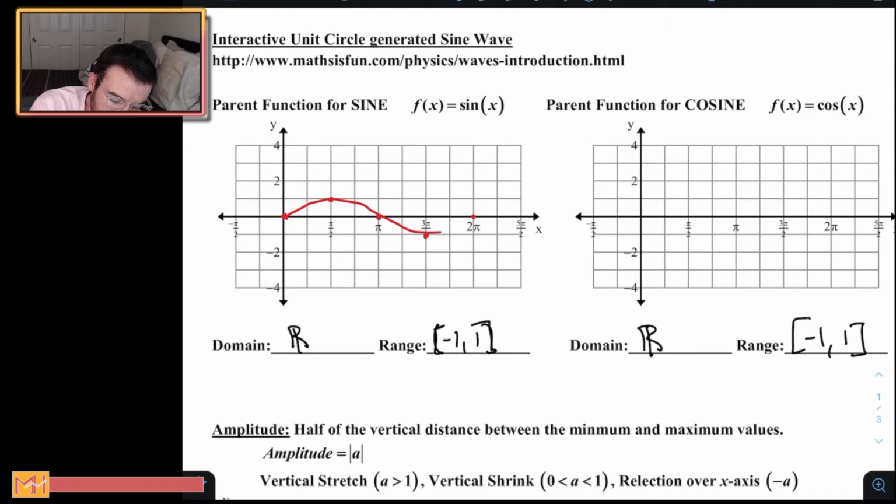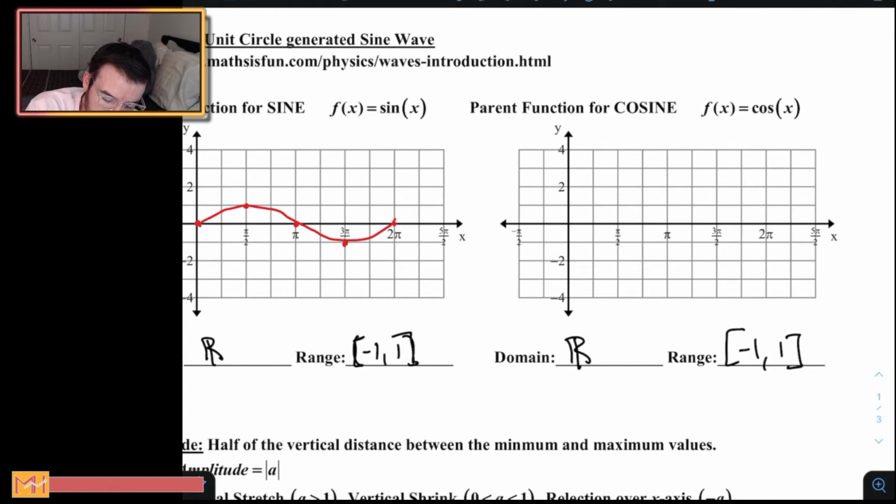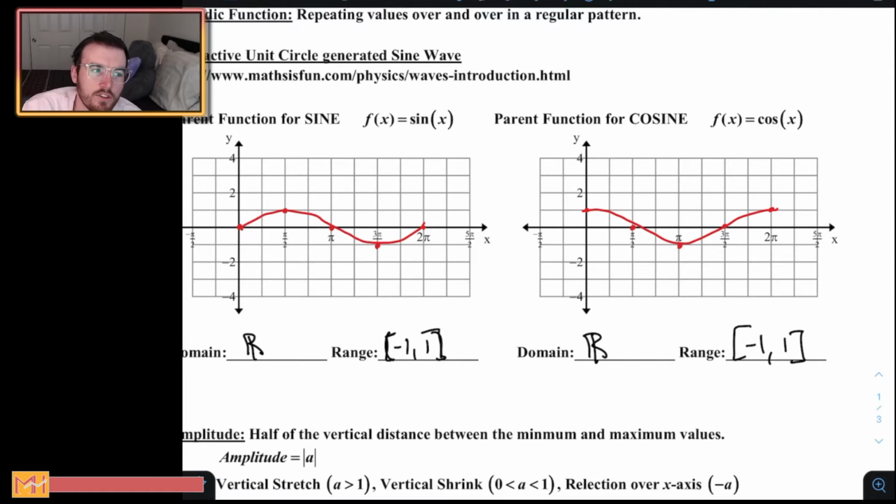That is what we know based on the unit circle. And then cosine starts at 1 and then descends down to 0 to the -1 and then back up. Okay? So it still has this similar curving nature, just in a different order.